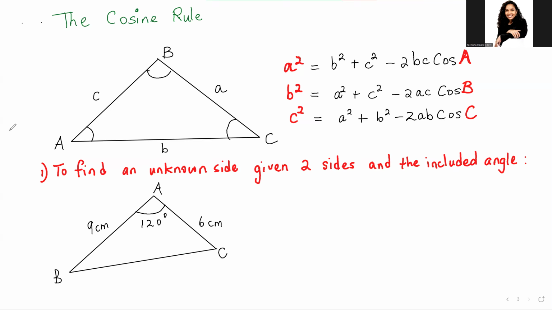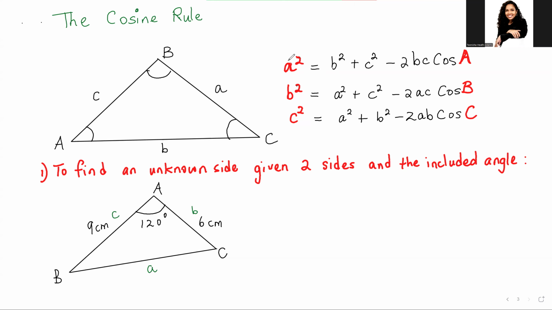So first things first, before I even start to work this question out, I'm going to label my sides. This side is a, this side is c because it's opposite angle C, and this side is b. I need to find the side marked a. So I'm going to use the rule that starts with a squared.